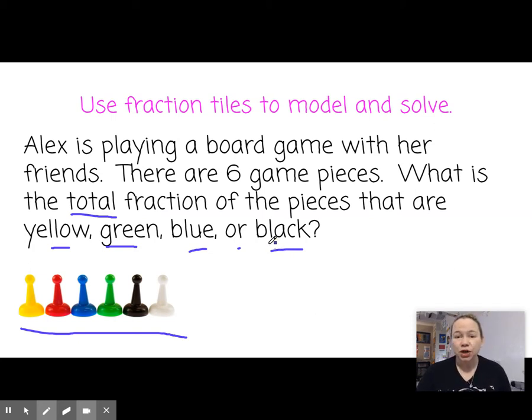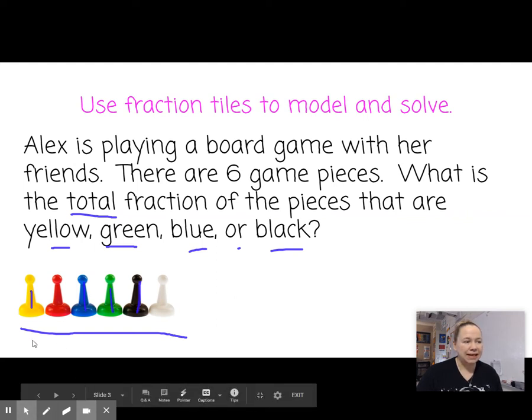If I ask you who's in 3rd grade or 4th grade, you would add all of the 3rd grade and the 4th grade together. So if I say, what is the total fraction of pieces that are yellow, green, black, or blue? We're adding all those pieces together. Here's my yellow. Here's my green. Here's my black. Here's my blue. How would that look on our fraction tiles?